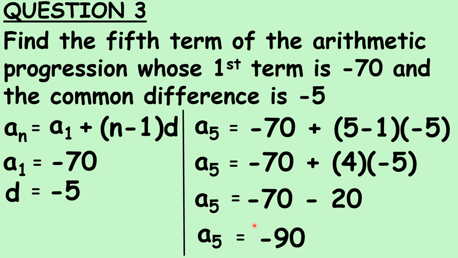So this tells you and me that our fifth term of the arithmetic progression, where the first term is minus 70 and the common difference is minus 5, is minus 90. Let's just do a quick check.